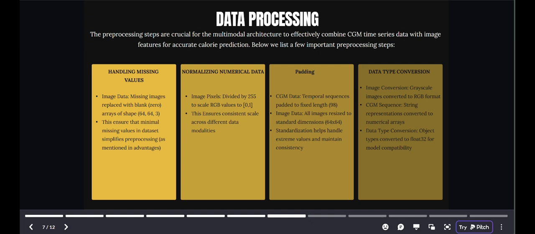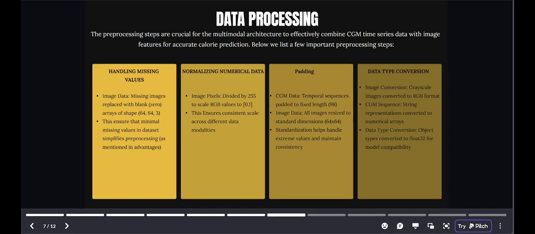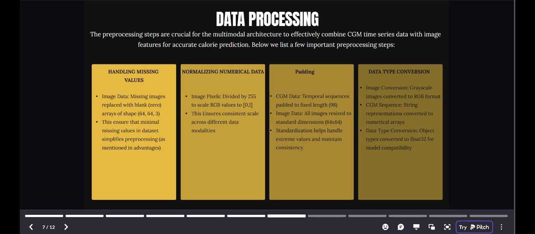Numerical data were normalized with image pixels scaled to the 0 to 1 range, and CGM values were standardized. We also implemented consistent padding across modalities with CGM sequences padded to 28 timestamps and images resized to 64 by 64 dimensions. And lastly, we did data type conversion to ensure compatibility across all inputs.